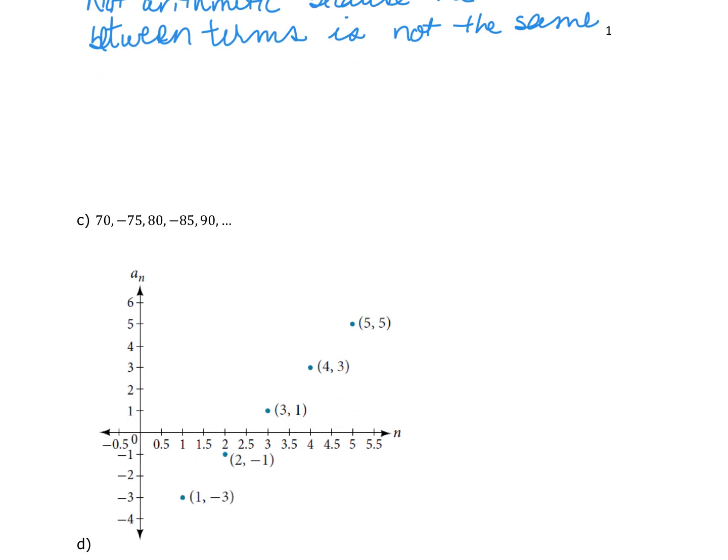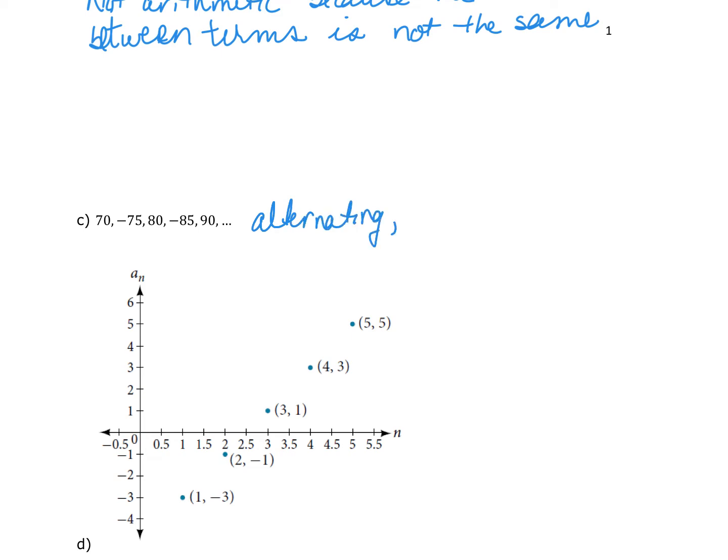As I take a look at C here, I'm going to ignore the negative because I know it's alternating. So if I'm ignoring the negative, then I just look to see, well, I'm going 70 to 75, 80 to 85, 90. I bet the next one would be 95, and it would be a negative 95. So this is alternating.